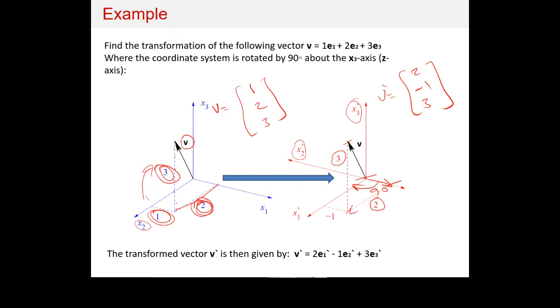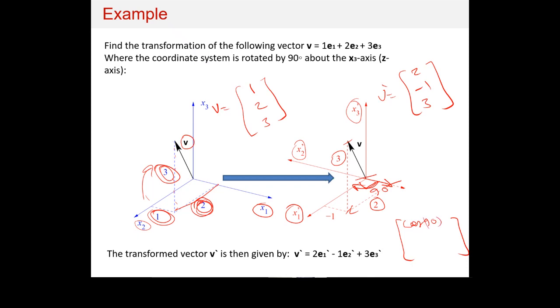All right, now let us try and use the math we have learned. We said that the angle between x1 dash and x1, which is this angle here, is going to be the first entry in my cos matrix. This is 90 degrees, so it is cos 90.